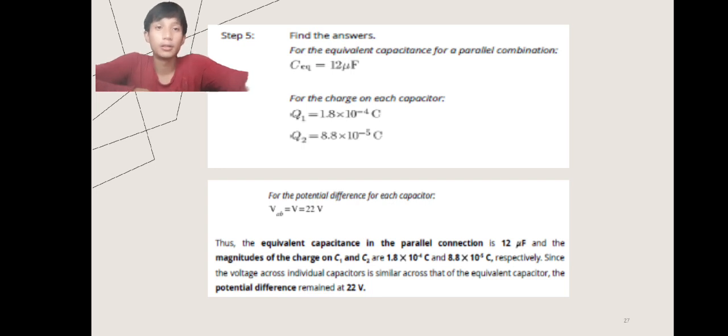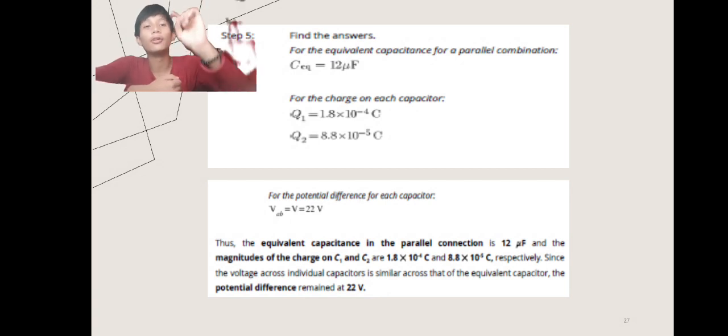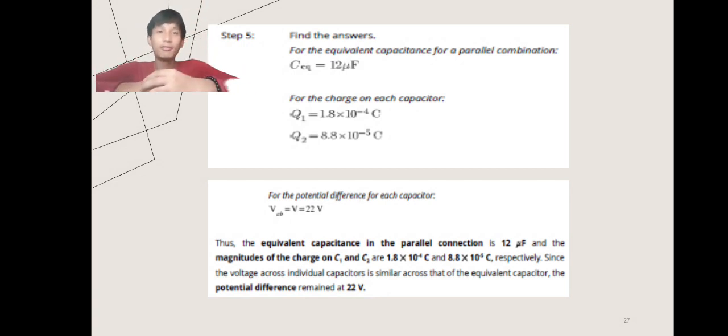For the equivalent capacitance, if we add it all together, we have 12 microfarads. On each capacitor, for Q1, we have 1.8 x 10 to the power of negative 4 C, and for Q2, we have 8.8 x 10 to the power of negative 5 C. And the potential difference is just 22 V.